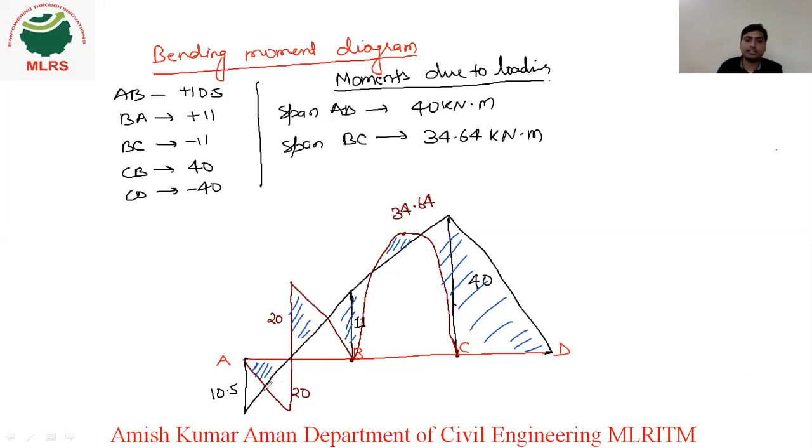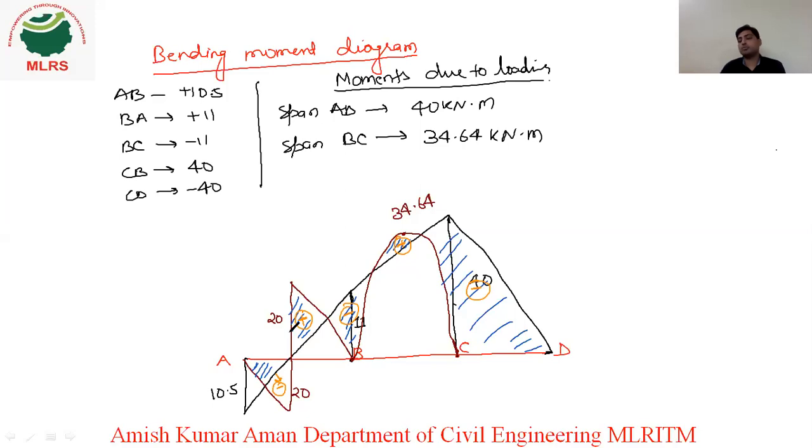Above the final moments line we take as positive, and below this line we take it as negative. So this is your positive, this is your negative. Here also there is a negative below this line. So we have drawn this bending moment diagram also. We are done with this problem.